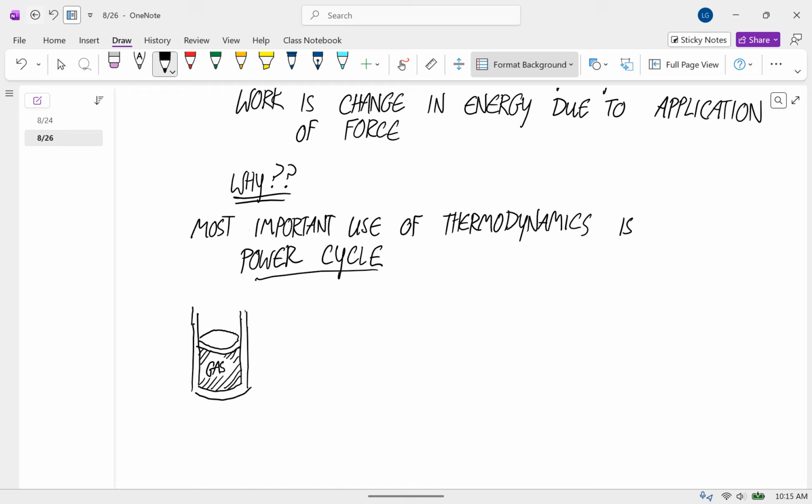And what we do is we raise the temperature of the gas through heat. So heat is coming in this way. And the result of the power cycle is that the piston moves up and does work on the surroundings.